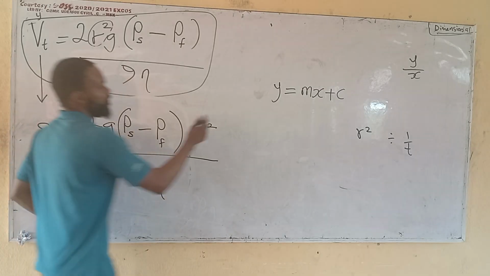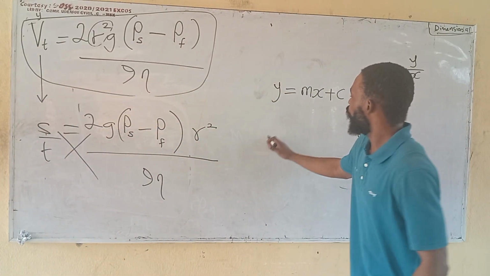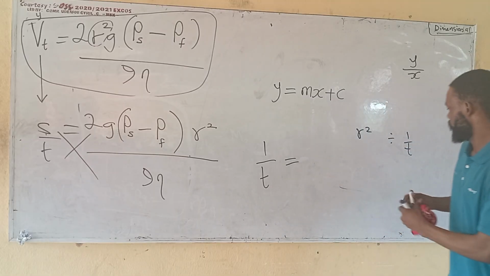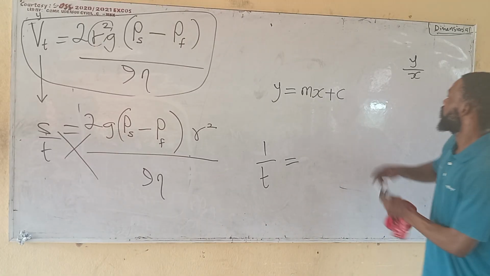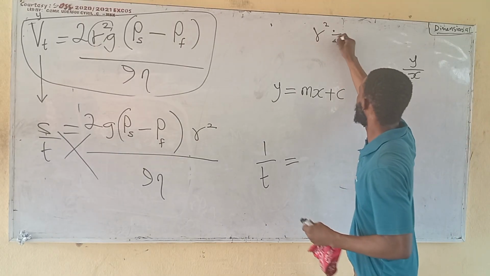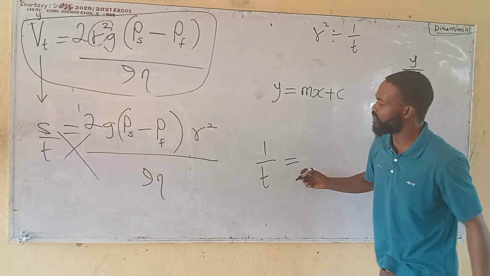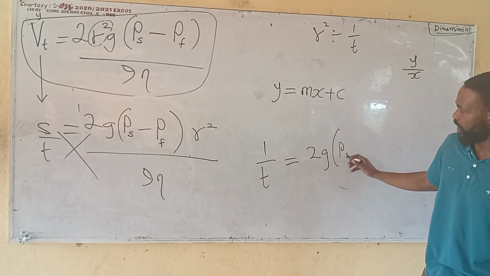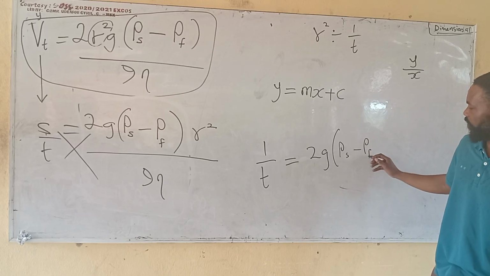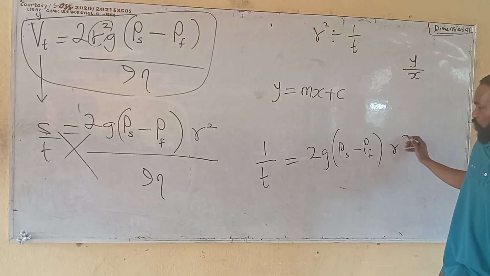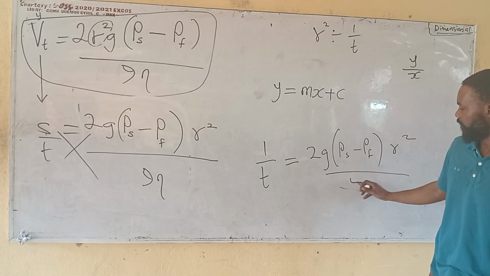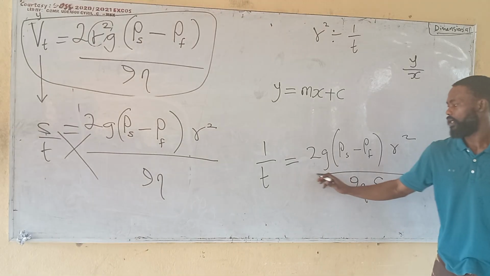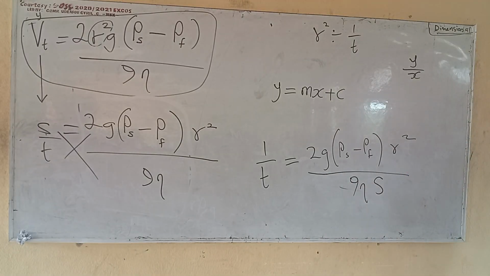So I will now have 1 over t is equal to 2g rho s minus rho of fluid r squared all over 9 eta s. Are you aware? Yes.